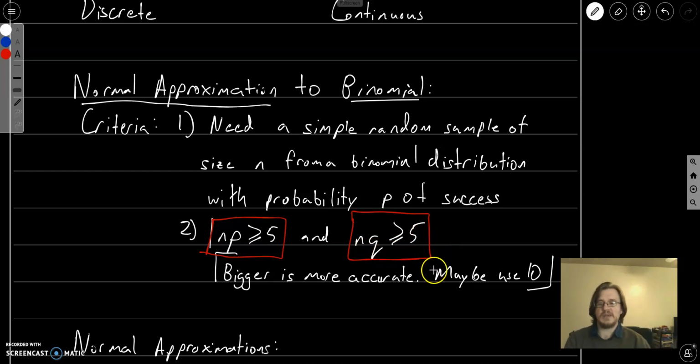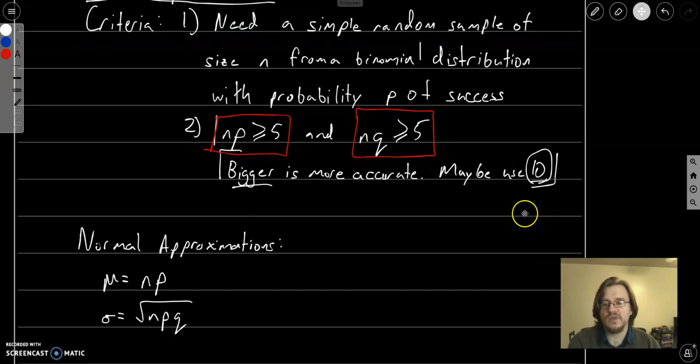If you only expect to get 1 or 2 successes, that's not enough. More trials are going to give a more accurate approximation. Sometimes they suggest even using 10 here, or however many you need before you can guarantee your trials are going to be approximately normal.